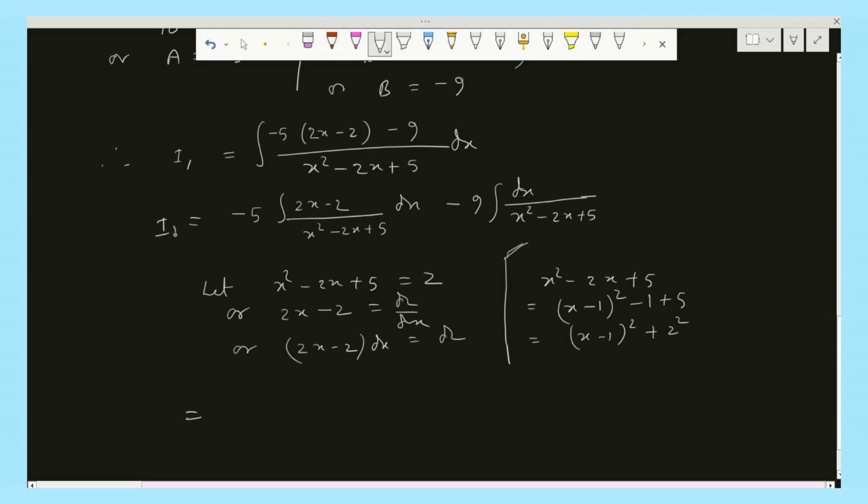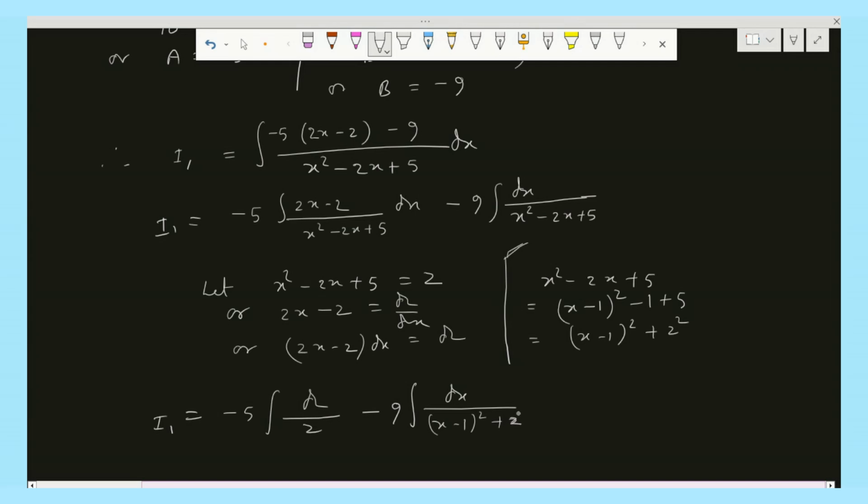Now substitute these. I1 is equal to minus 5 integration dz by z, the denominator assumed z, minus 9 integration dx by x minus 1 whole square plus 2 square. This is 2 and this is z.